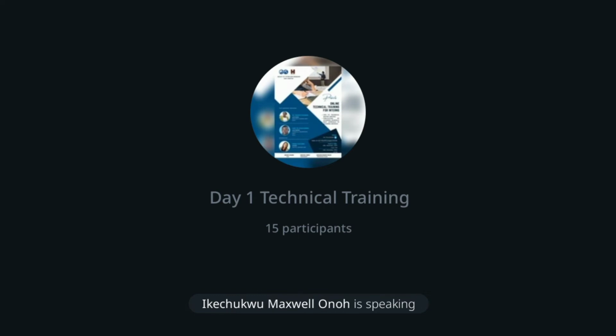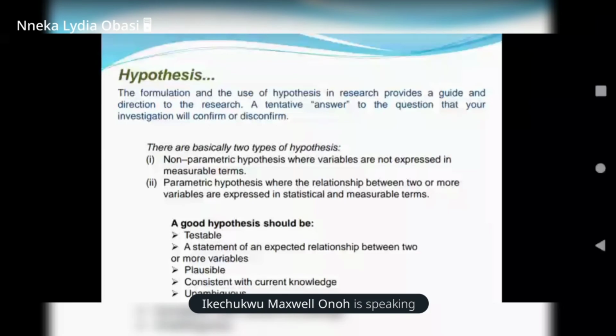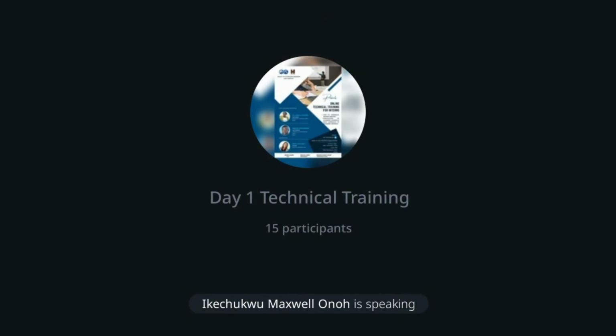And your hypothesis must be consistent with the current knowledge and should not be ambiguous. So it must be specific, simple to understand, and should be able to show relationship between two or more variables. And that will give rise to the hypothesis being testable or verifiable.